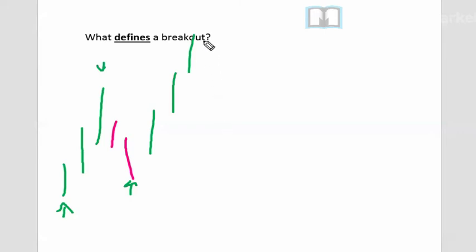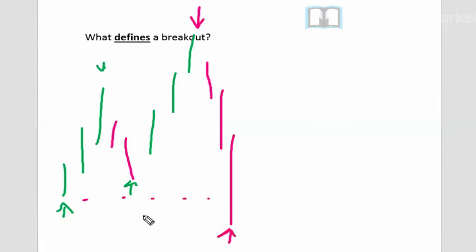What we're looking for is for the market then to reverse and take out at least the previous low. And what we're looking for is for it to take out the previous two lows. And we're going to then have this swing low.